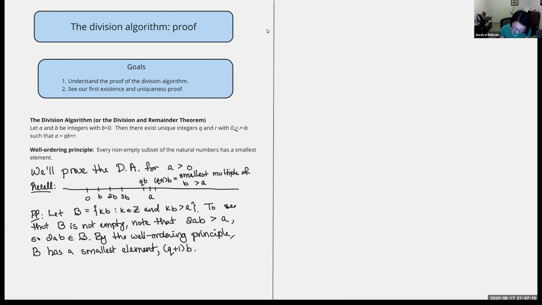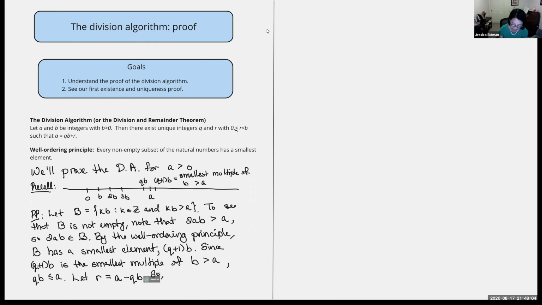So now since Q plus 1 times B by definition is the smallest multiple of B that is greater than A, QB has to be less than or equal to A. So QB is less than Q plus 1 times B, so it has to be less than or equal to A. And now I'm going to say let R equal A minus QB, okay?